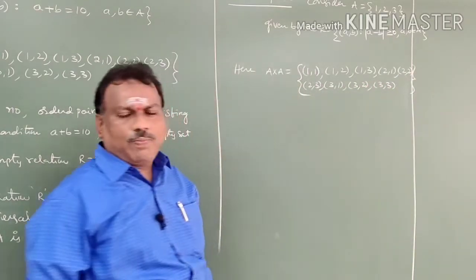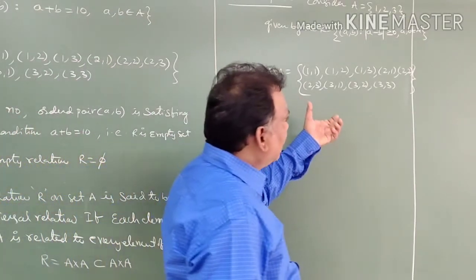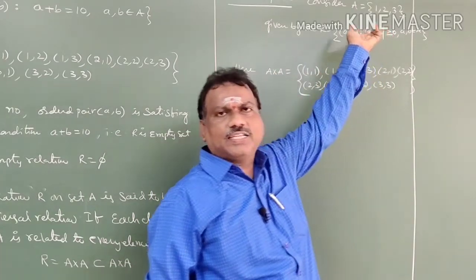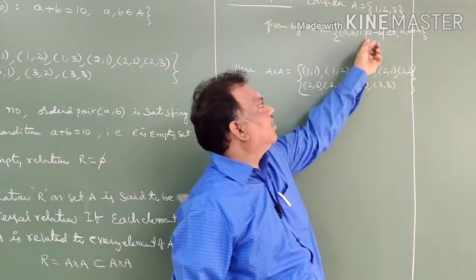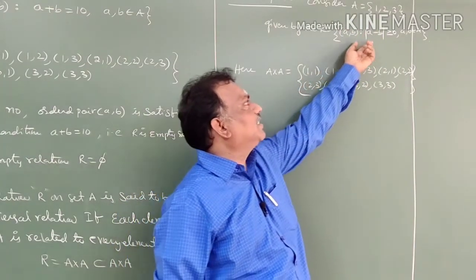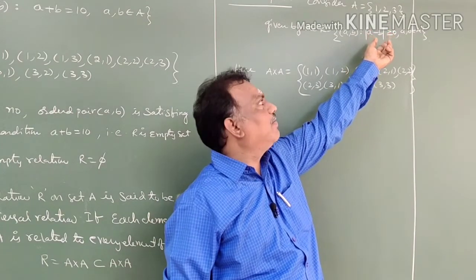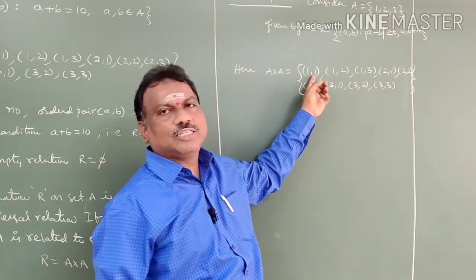These are the total possibilities from A to A. Now we have to check whether each ordered pair follows this condition or not. Let us check (1,1), the a, b place. The condition is that modulus of a minus b should be more than or equal to 0. This is the a value, this is the b value.